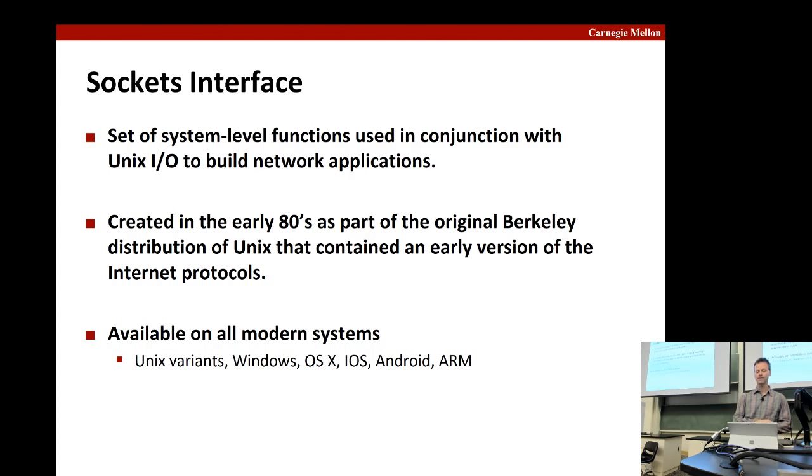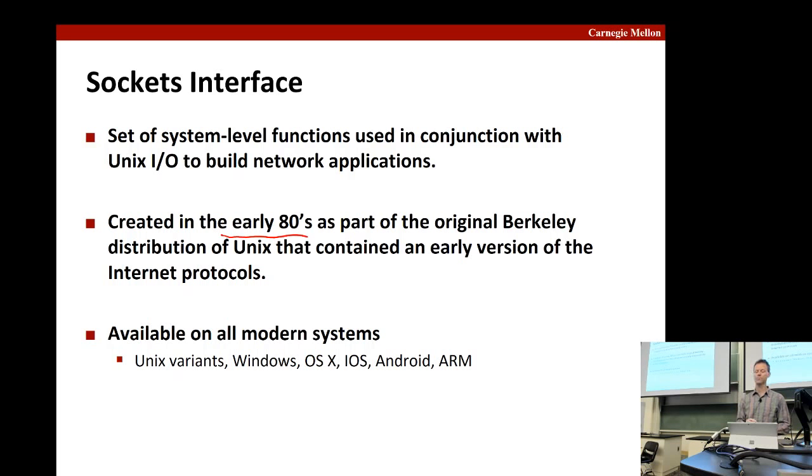So as I mentioned, we're going to use a socket interface. It's going to look like we're just writing to files, but they're going to be connections, and that will mean transfer this, read this in from the network, or write this out to the network. This convention has been in place since the early 80s.